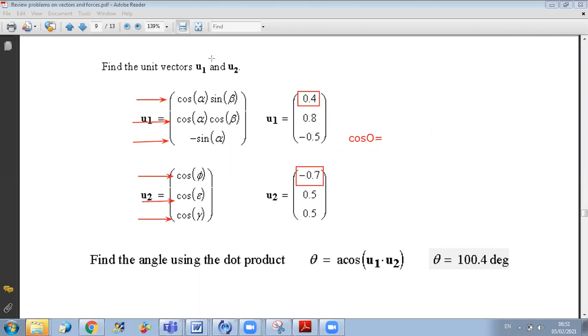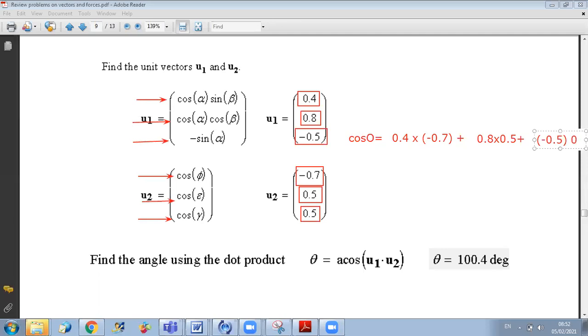So it is 0.4 times minus 0.7, plus I now multiply the y component of the first by the y component of the second, so plus 0.8 times 0.5, and plus at the end I multiply the z components, so plus minus 0.5 times 0.5, okay?